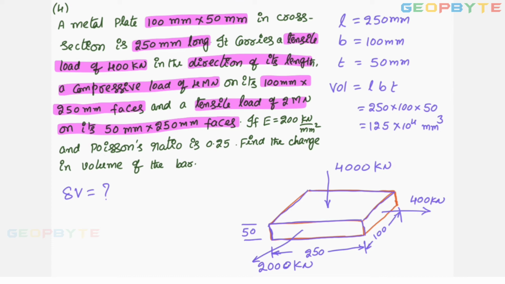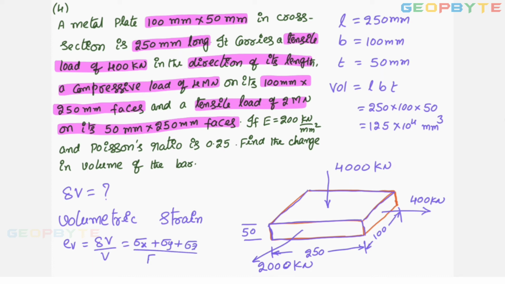The total volumetric strain formula: volumetric strain EV equals delta V by V. It is equal to, we proved it, sigma x plus sigma y plus sigma z divided by Young's modulus into 1 minus 2 by m.